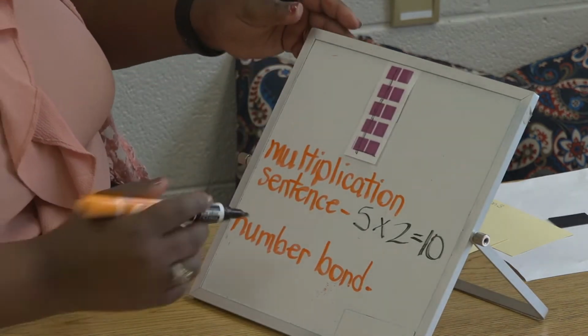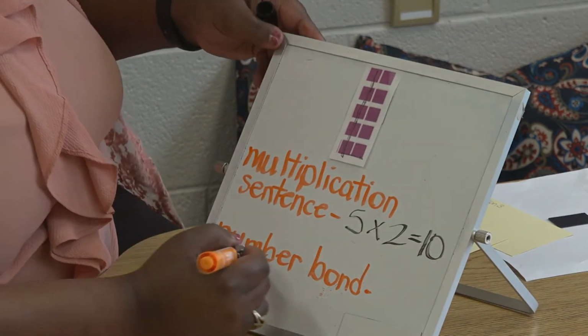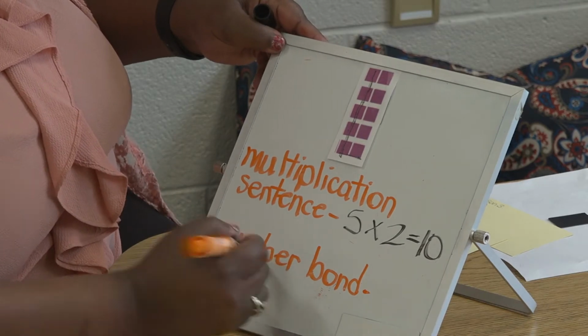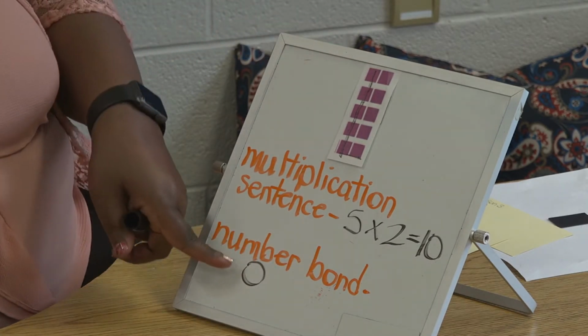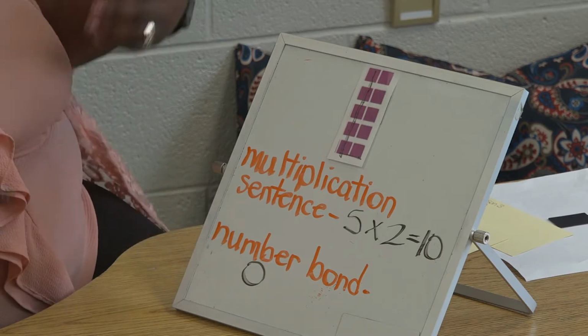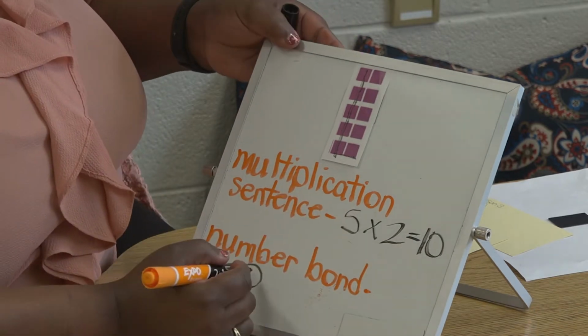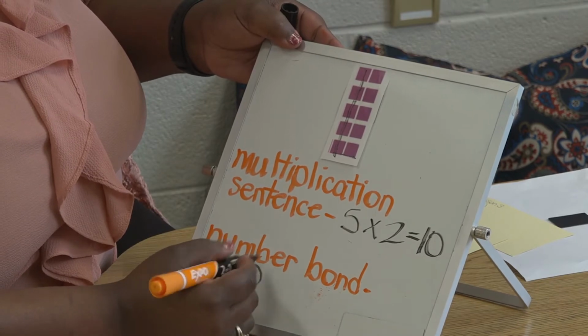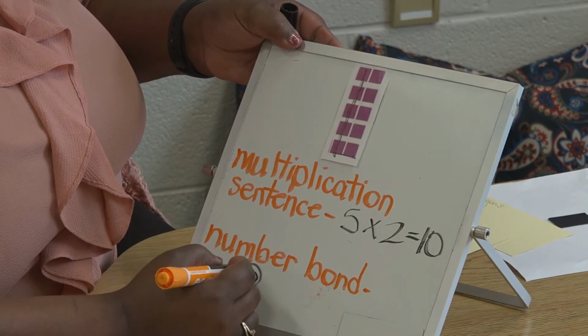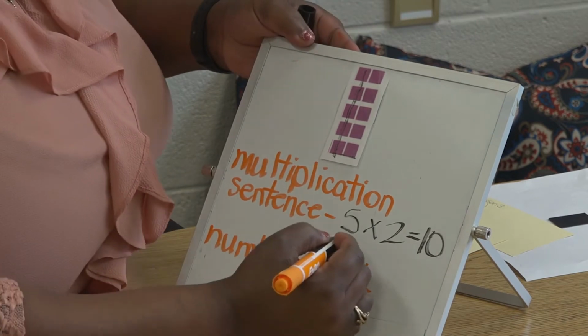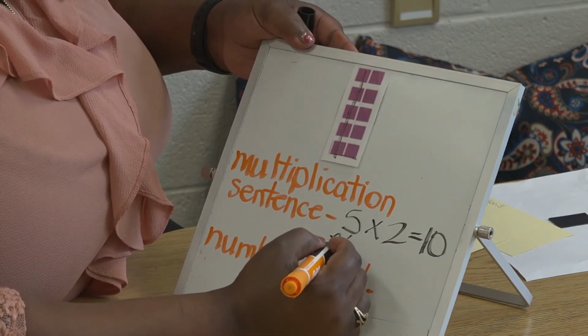With my number bond, let's see if I can fit it right here at the bottom. The first number that would go in the top circle is the product. My product is 10. I'm putting my 10 here. Oh, and let's label this. Factor.